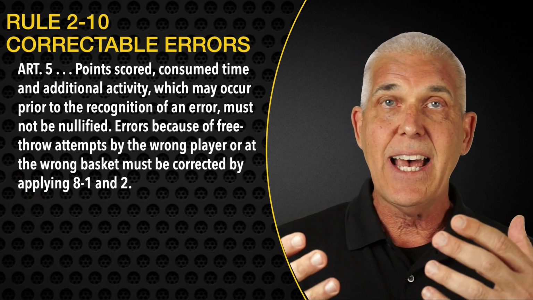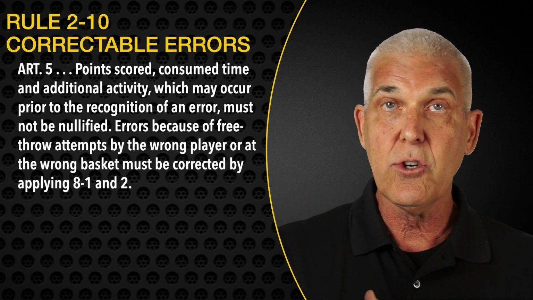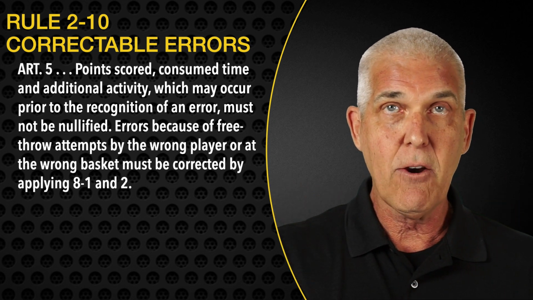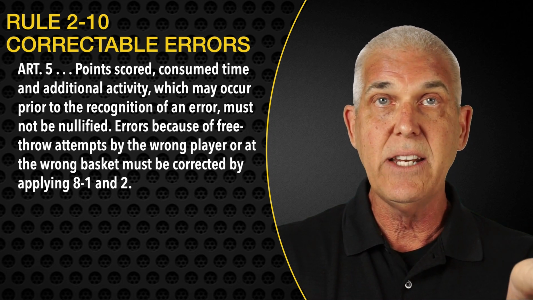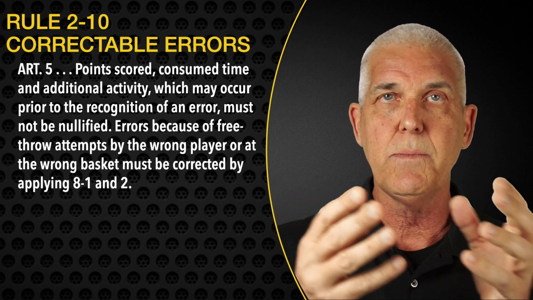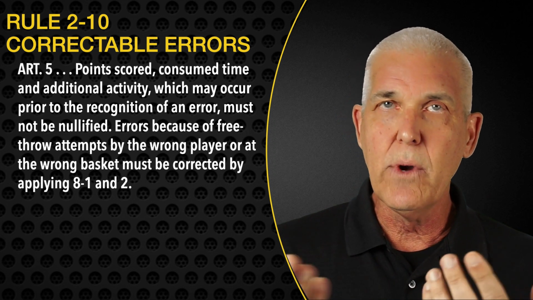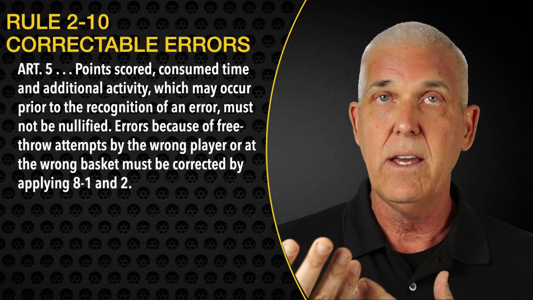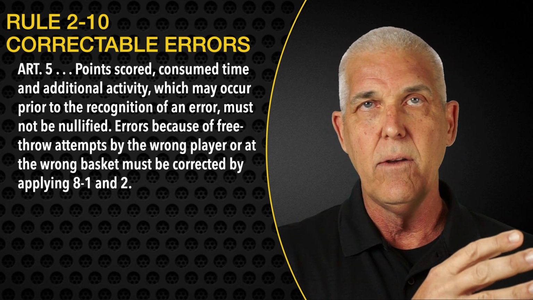Article 5 lays out the fact that during the period when an error has been made and the recognition that we may need to correct that, during that period, all time consumed and points scored stand. We're not going to do a rewind of the clock and go back and say, well, okay, those things didn't happen, right?